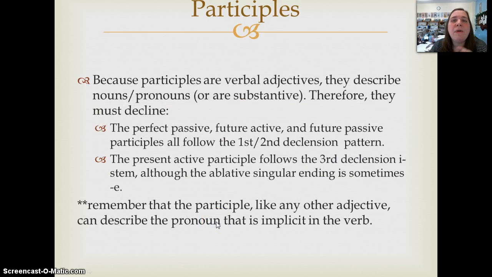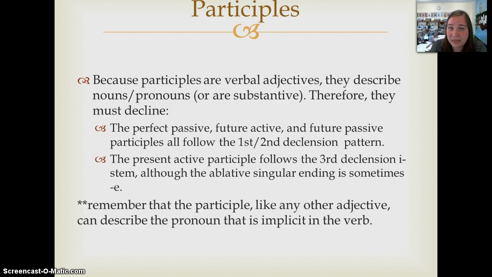Okay. A couple things to remember about participles. Because they are verbal adjectives, they describe nouns or pronouns. But they can also be substantive, okay? Just like a regular adjective can be substantive, so can a participle. So they have to be able to decline, right?